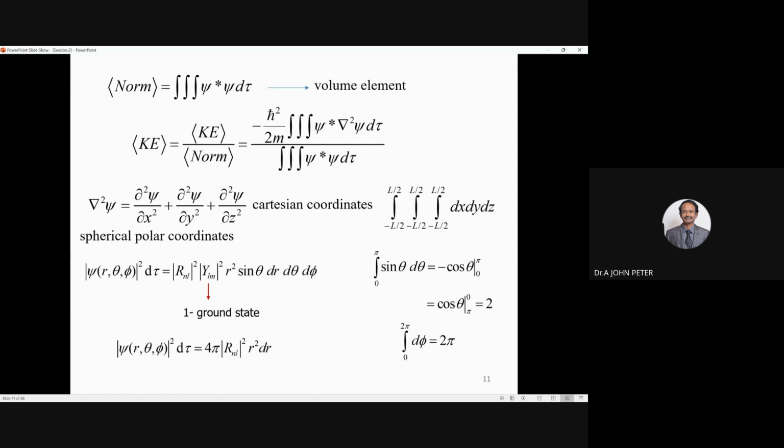On the right hand side, you are going to guess the wave function as I said earlier for the quantum dot.